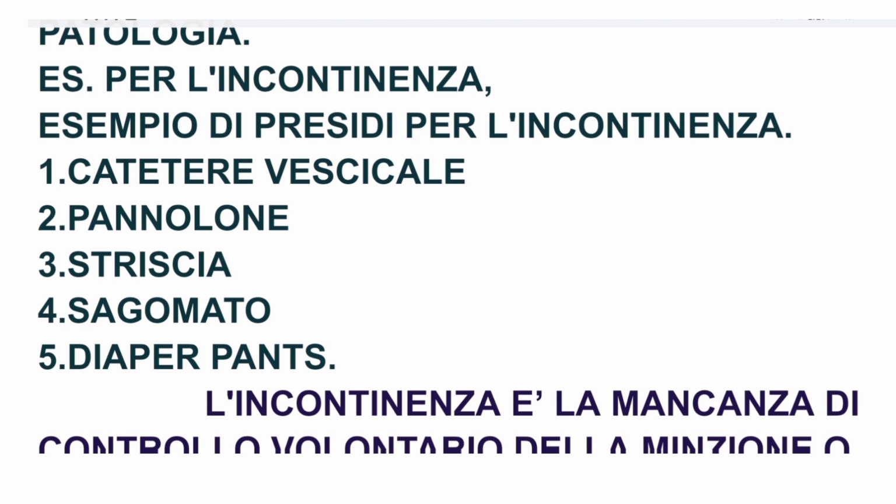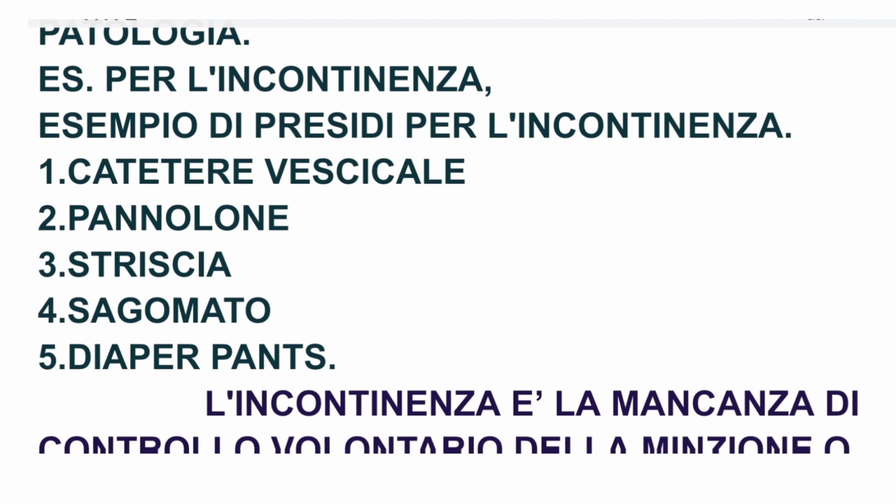We have the diapers, we have the catheters, we have the slippers, and also the containment bags. We also have the sack that we use to collect the urine. They are all presidio. We have bandages that are used in various types of injuries. They are all presidio. We have the devices for diabetics.